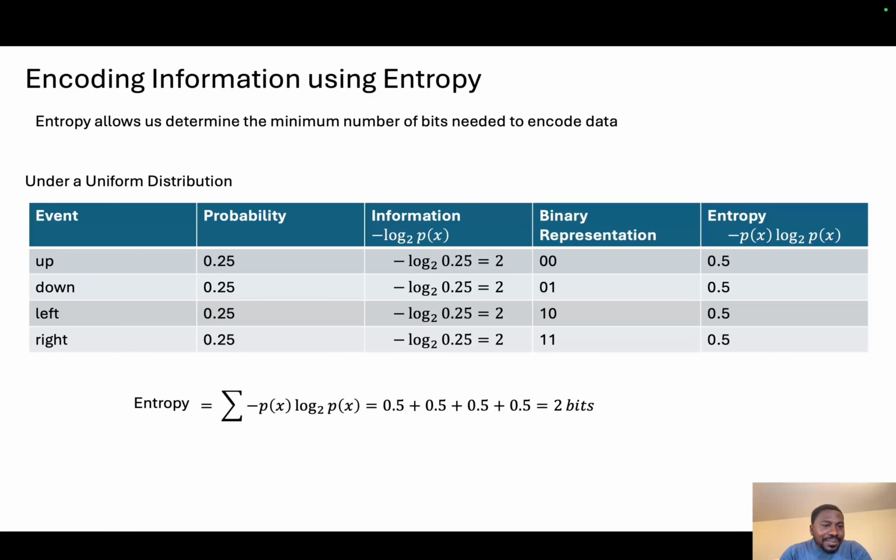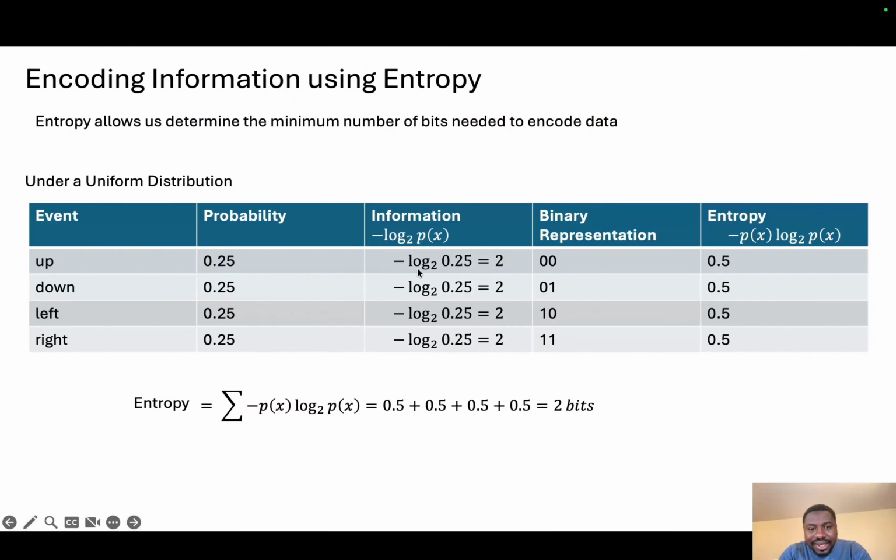And this fact about information also allows us to encode data. This lies at the heart of encoding, lossless versus lossy. So let's think about the number of bits that we need to encode data. Let's imagine that under a uniform distribution we have different events: up, down, left, right. The probability of each is 0.25, which means they are all equally likely, so there are 4 of them.